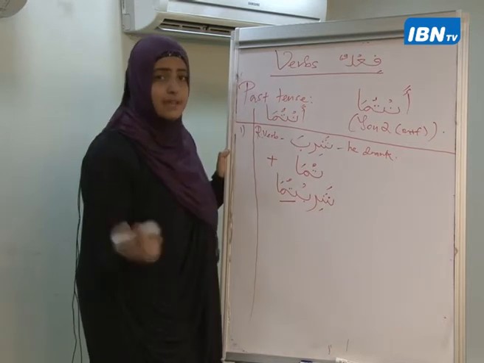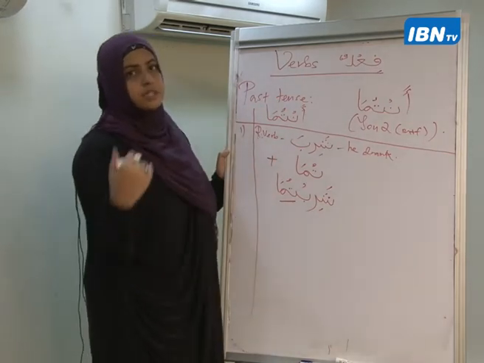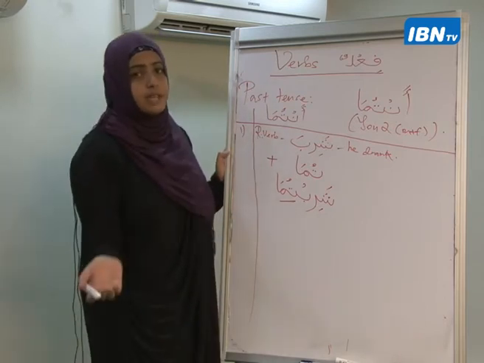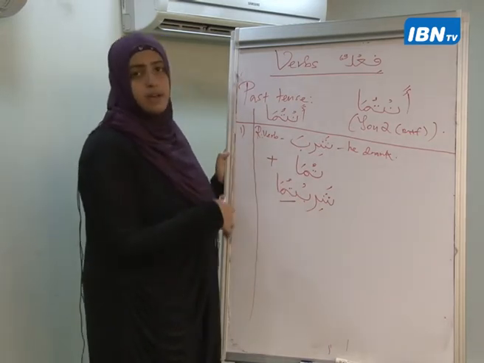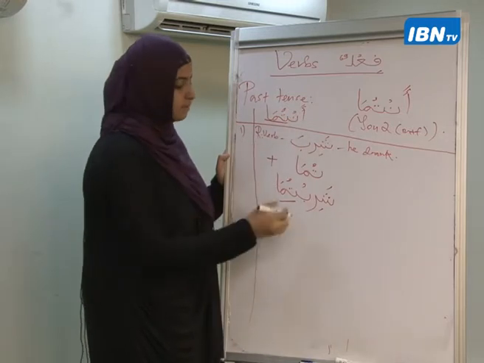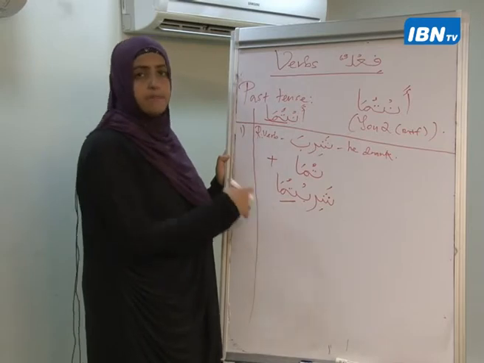Now you notice again the same trend we were speaking about yesterday. For example, anti sharibti, anta la'ibta. Again here, the same trend. Antuma sharibtuma. So this here at the end remains the same. I have just added the ta and the mim alif to make it sharibtuma.